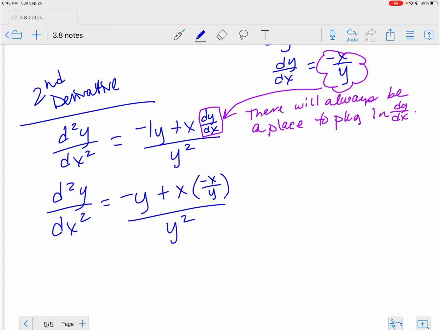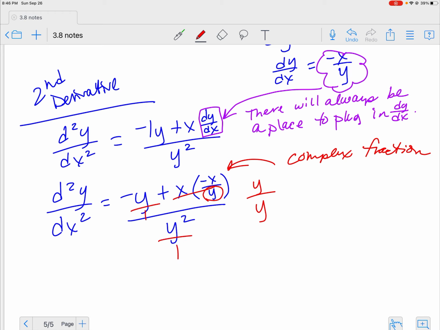And then what do we have again? A complex fraction. And how do you get rid of a complex fraction? Yep. Good. We get rid of a complex fraction by multiplying by a common denominator. And here, the only denominator we have is a y. This is over 1, and this is over 1. So, let's do it up.